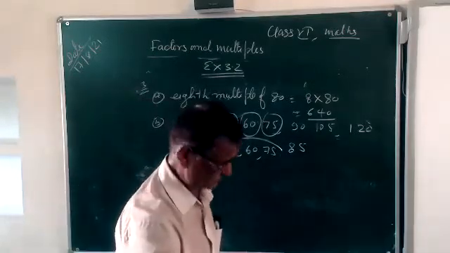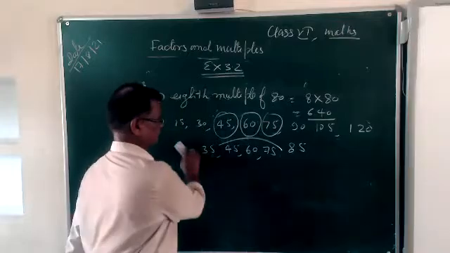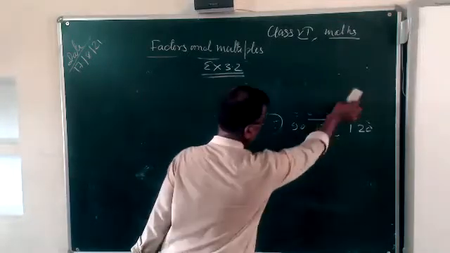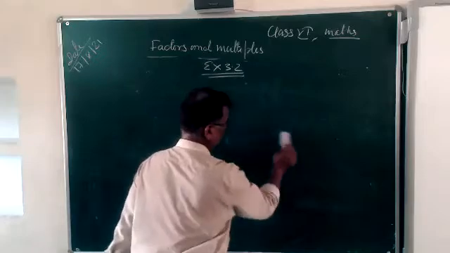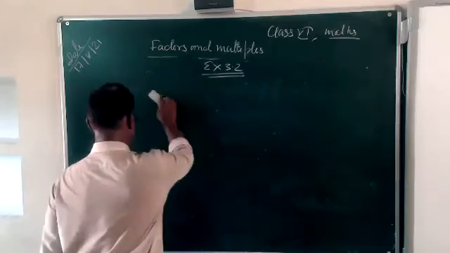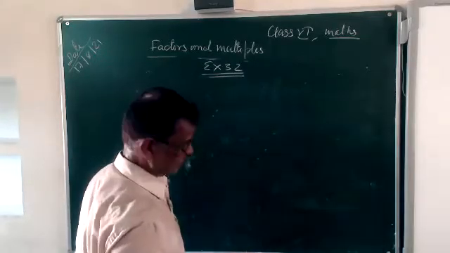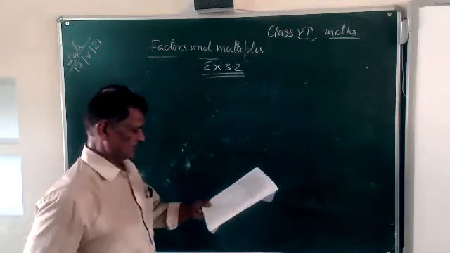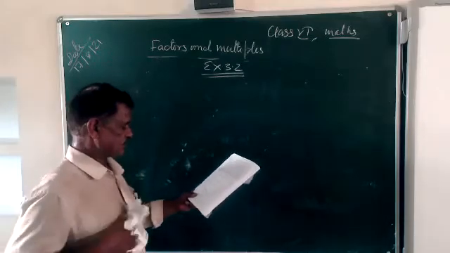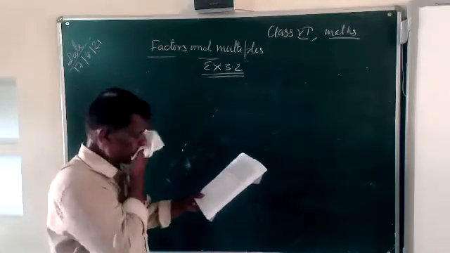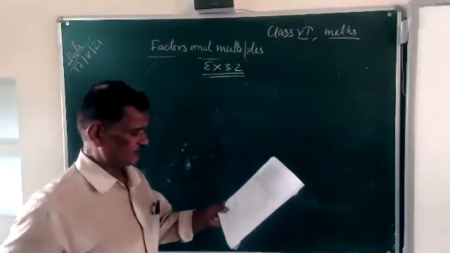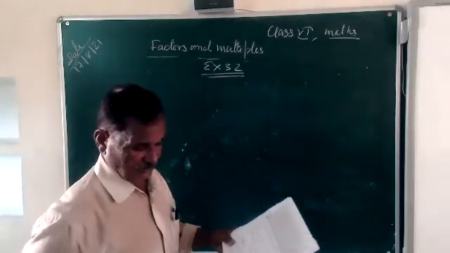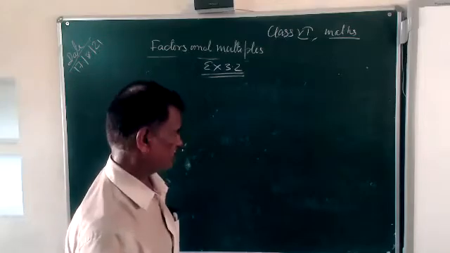Question number 4. Asking here, 67 is a factor of 30,150 or not.